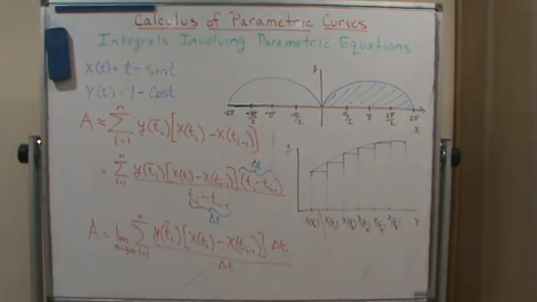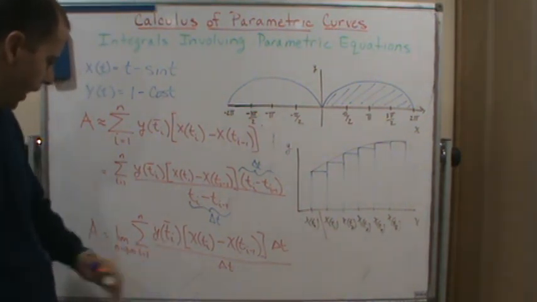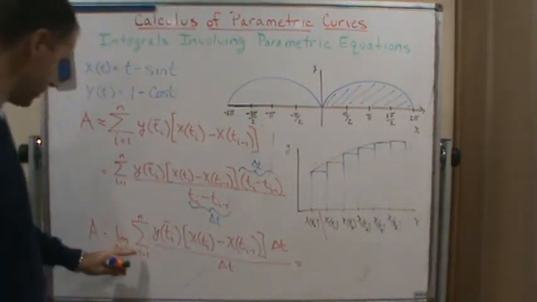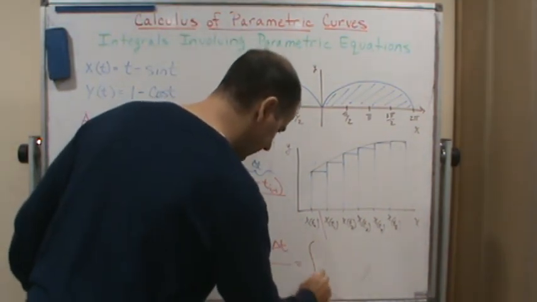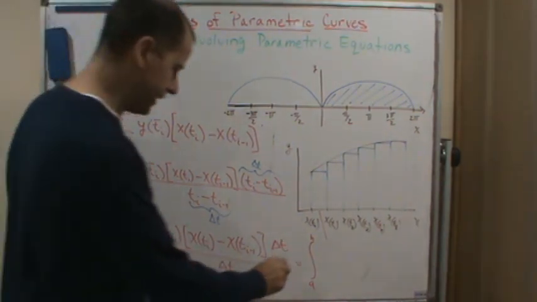And so now, just like what I said before, all I'm going to do is take the limit. So what happens? This becomes y of t. The summation becomes the integral. So this becomes the integral from a to b. This becomes y of t.